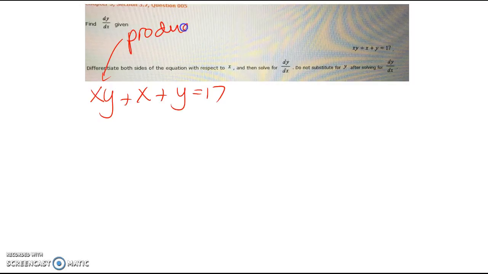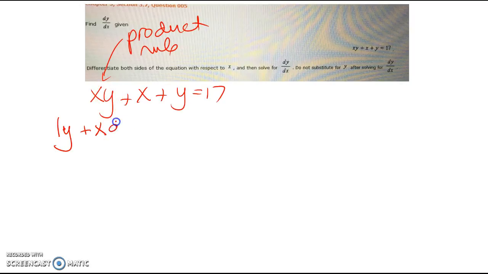Alright. Differentiate both sides of this again with respect to x. So anytime we have a y, we have to do the dy dx. Here we'll use the product rule, won't we? So the derivative of x is 1 times y plus x times the derivative of y.